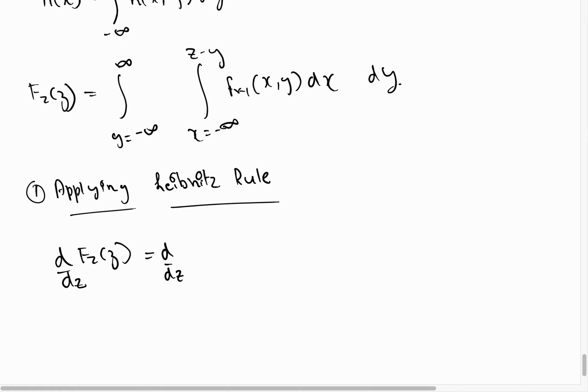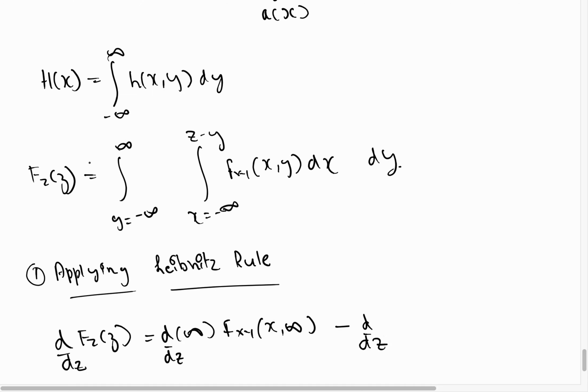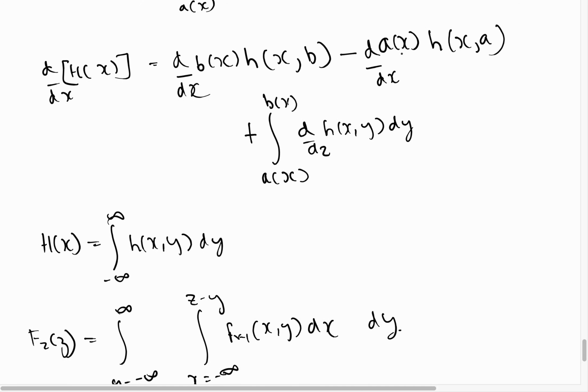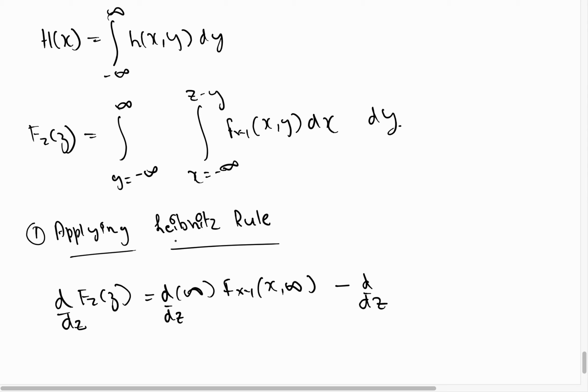So d by dz of F_Z of z is equal to d by dz of the upper limit. What's our upper limit here? It's infinity. So replace the variable of integration by the upper limit, that is f(x, infinity), minus d by dz of the lower limit, replacing the variable of integration by the lower limit, f(x, minus infinity).